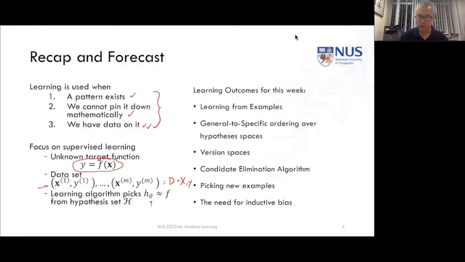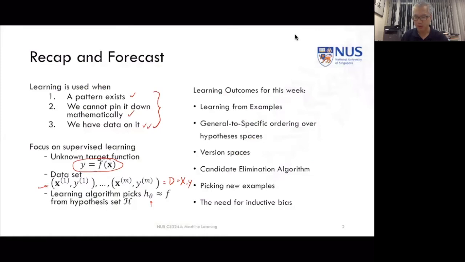Okay, so then we're going to go over version spaces. Version spaces are going to allow us to think about multiple hypotheses being valid within a certain context of a data set. And then we're going to go over in the post-lecture the candidate elimination algorithm, which is going to be a more sophisticated algorithm than the initial algorithm, which we're going to look at, which is called find S.